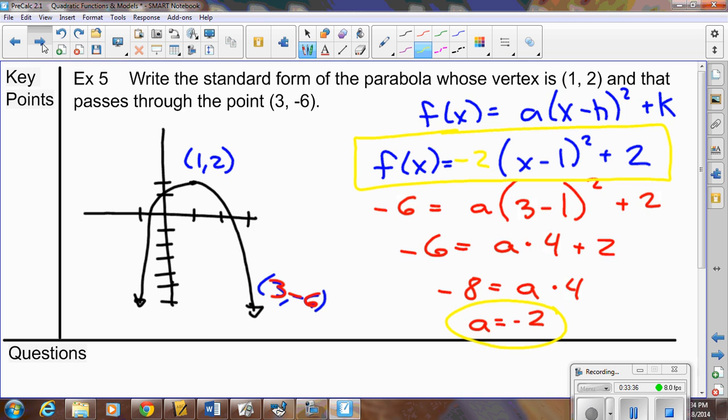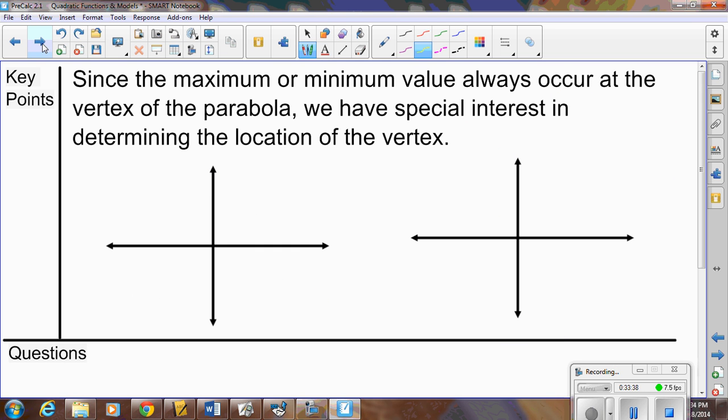The last piece that we need to know about quadratics was specifically, we were talking about the maximum and the minimum values. We know the maximum and minimum, either the highest point or the lowest point, is going to occur at the vertex. So we have particular interest in figuring out, if we have a maximum, where is the vertex?